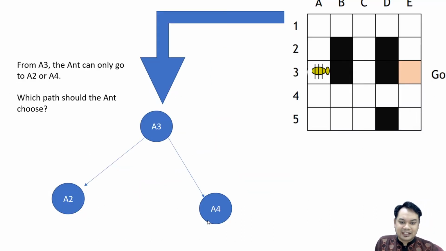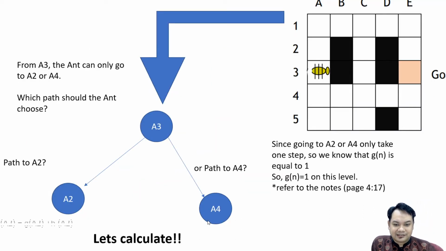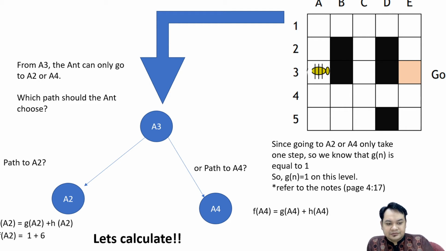So yes, we can calculate the cost. Right? The cost is 6. Okay, next we look into A4. So if the N decides to go to A4, we have GA4 plus HA4.